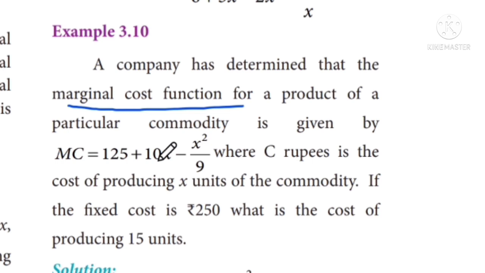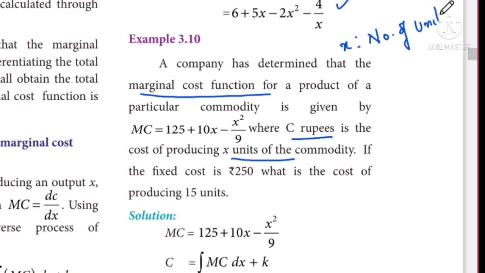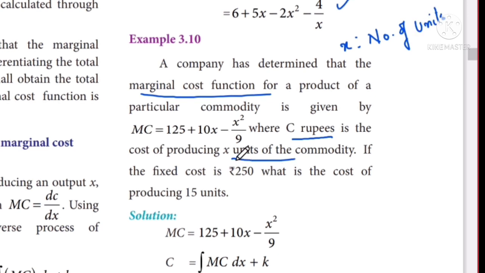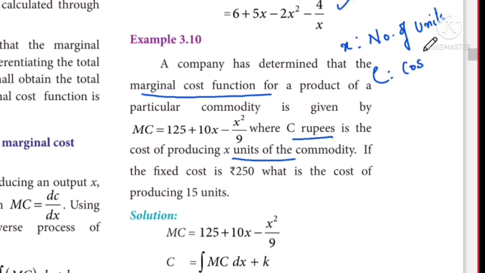MC is 125 plus 10x minus x square by 9, where C is the cost in rupees, and x is the number of units produced. If it is shoes, x is the number of shoes produced. Here x is some commodity, so x is the number of units produced and C is the cost of producing.